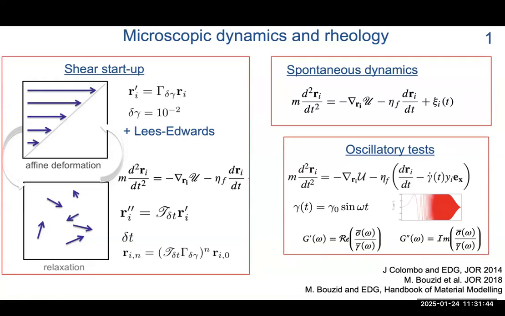We have done this in the linear regime and in the nonlinear regime. In the linear regime, we have implemented the technique developed experimentally by the group of Gareth McKinley at MIT and by Bavand Keshavarz and Michela Geri, who are now at Duke University, where they found a very smart way to use, instead of a simple oscillating strain, for which I have to change the frequency and compute the response for every frequency to get my viscoelastic spectrum, a chirped signal modulated in amplitude and frequency to optimize the quality of the signal.